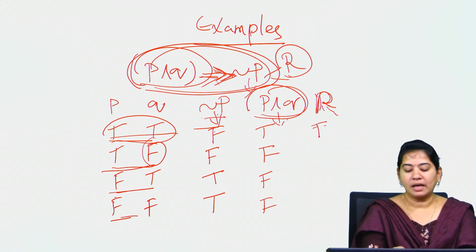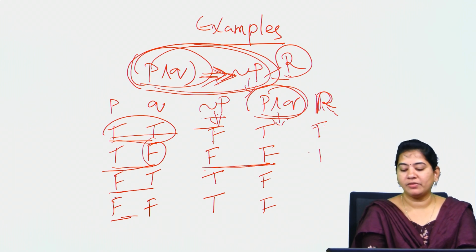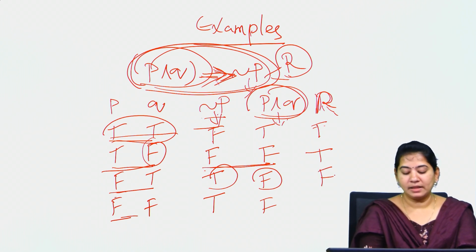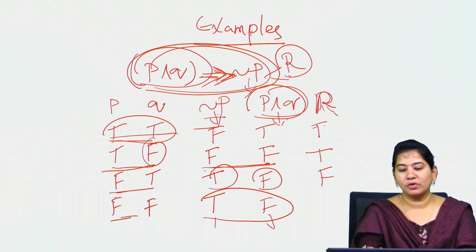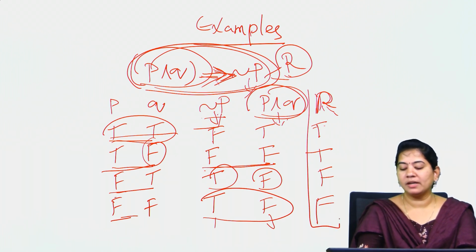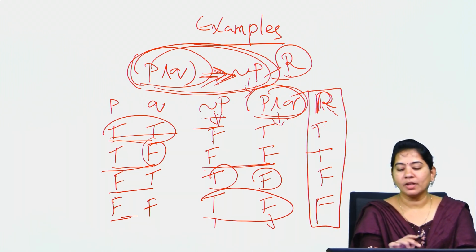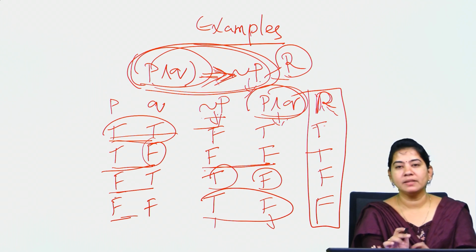And in the second row here, false and false we have, then it will become true. And here if you observe, the first statement is true and the second statement is false, the resultant truth value will become false. And in the last row also, the first statement is true and the second statement is false, the resultant truth value is becoming a false statement here. So this is the total result of the question P and Q implies negation P.